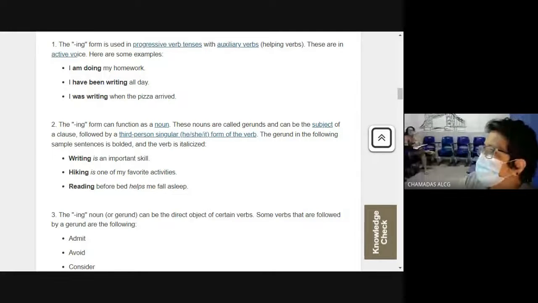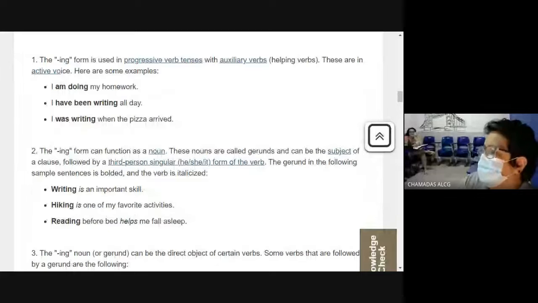Let me try to make it. All right. Yeah. I think now it's better. All right. So here we have 3 examples of the progressive verb tense. We have the present continuous, the present perfect continuous, and the past continuous. All right.